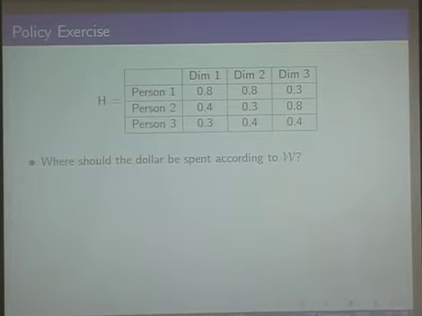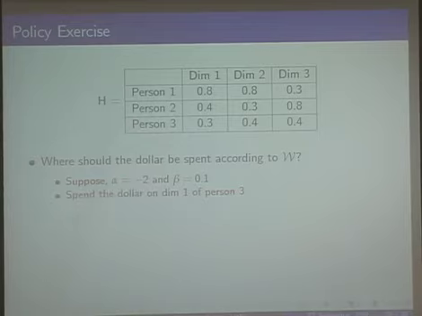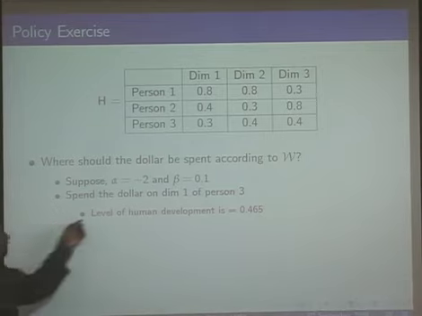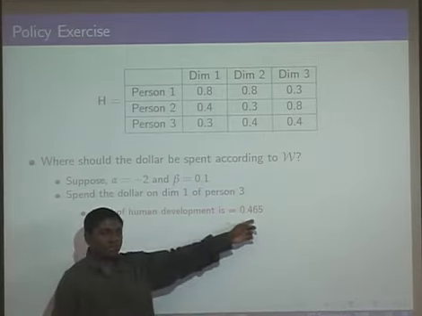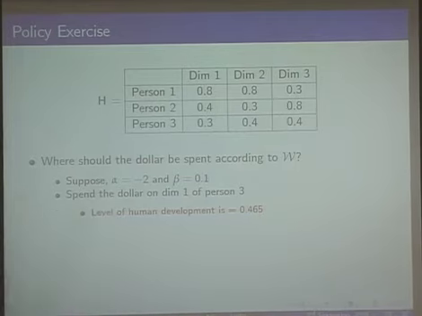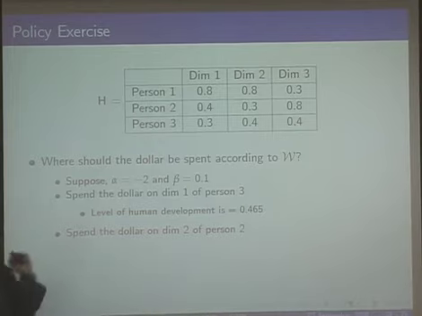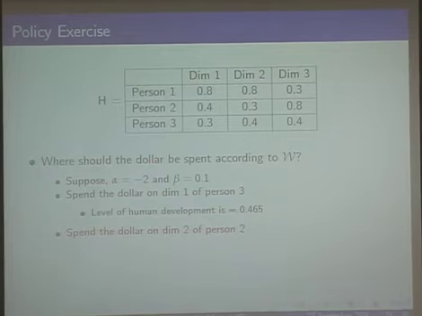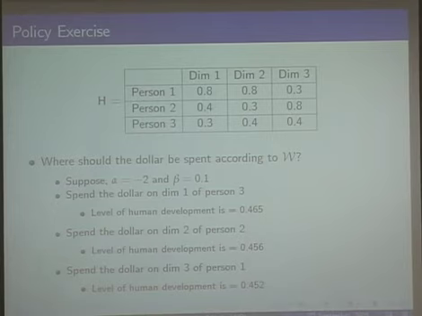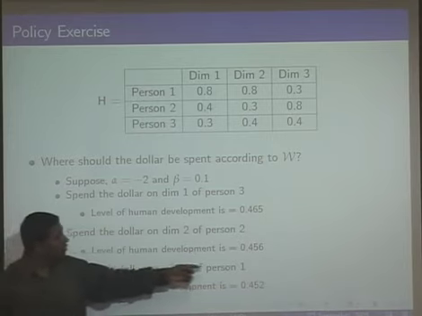Okay, so we ask the question again, and suppose alpha equal to -2 and beta equal to 0.1. Give the assistance on dimension 1 of person 3, then your human development index is going to be 0.465. If you give that assistance to person 2 of dimension 2, then your HDI is going to be 0.456.